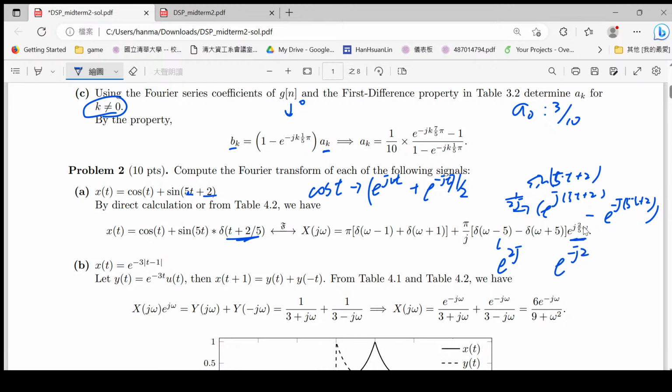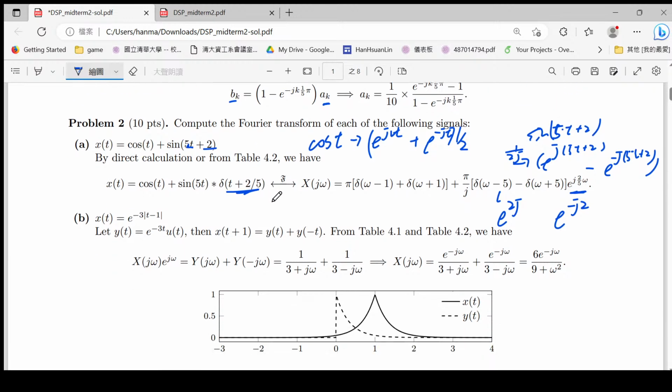And it's the same thing because this omega here will get picked up by the delta function. If you multiply this omega on this delta function, you will have omega equal to 5, so that gives you e to the 2j. And here you will get omega equal to minus 5, so e to the minus 2j. Okay. So that's pretty easy.